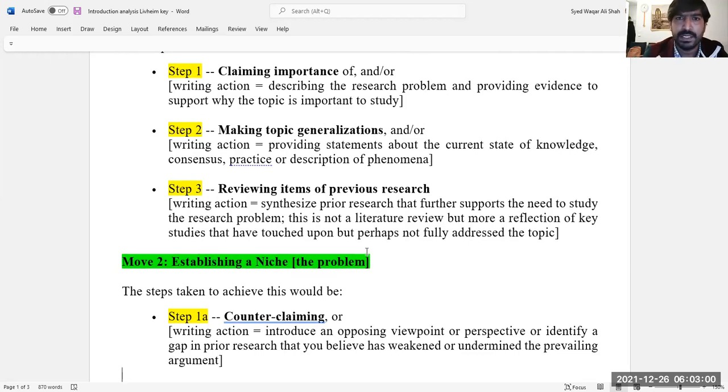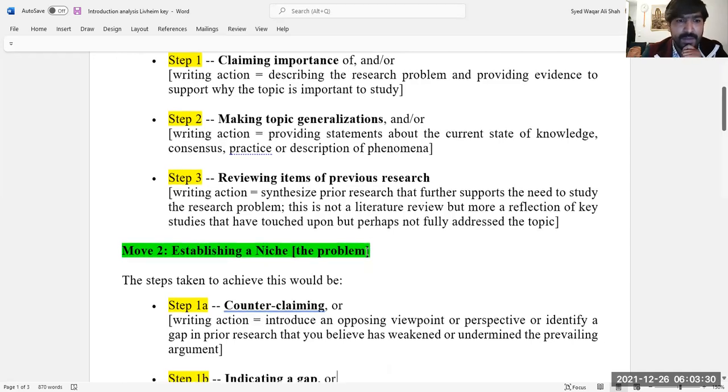Or in some cases, it is not about a gap, but you want to extend a particular tradition, a particular methodological position, or a theoretical position within the topic. So niche is importantly about two things: it is about the gap, and it is about the extension of a certain idea or theory on the same topic or within the same field.